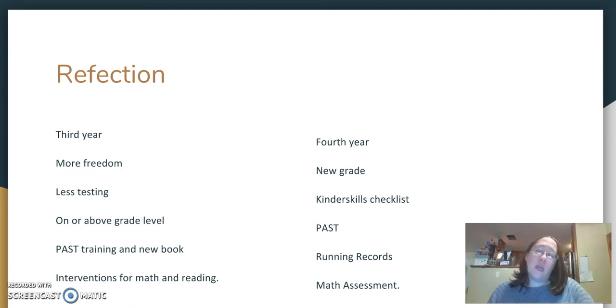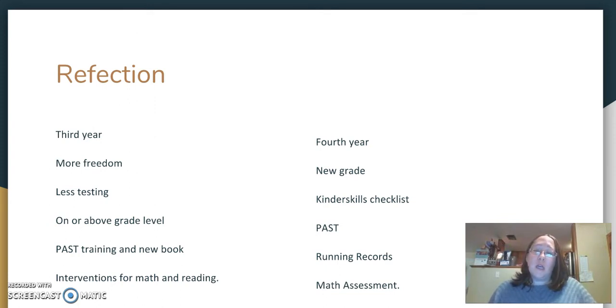Other groups were not there yet, so I put them in a different group where I could still work on sounds, letters, and sight words. It also helped with math, because if the students could not count to 10, write 1 to 10, or even know their numbers from 1 to 10, I knew to put them in my math groups differently. I was able to break apart my kids better to help them with what they needed to learn.